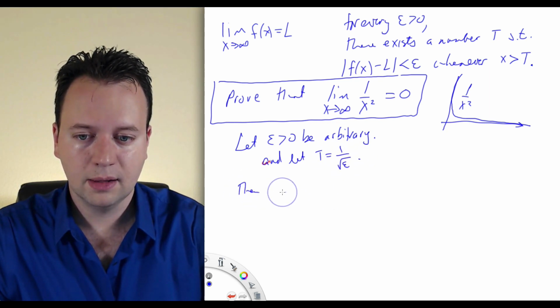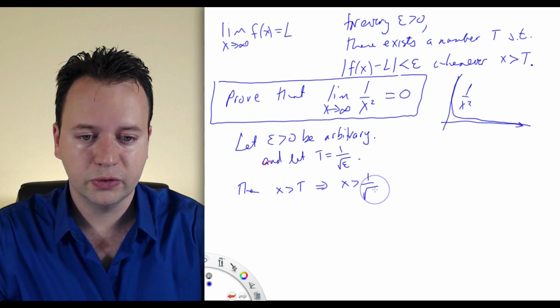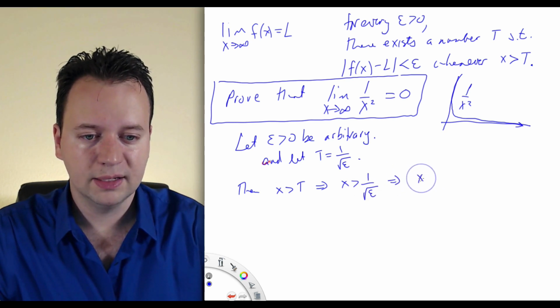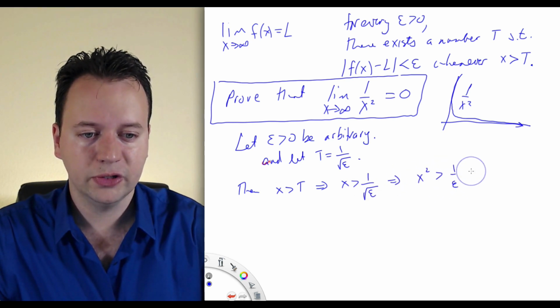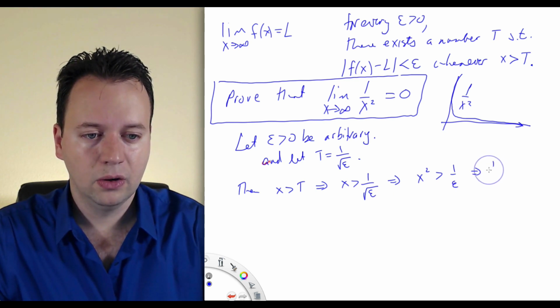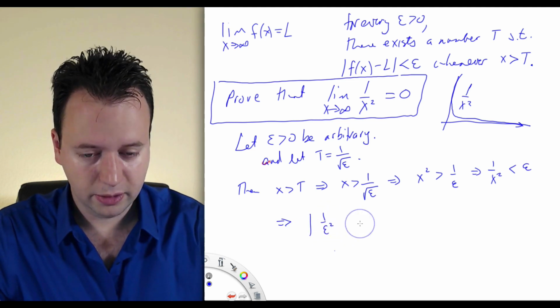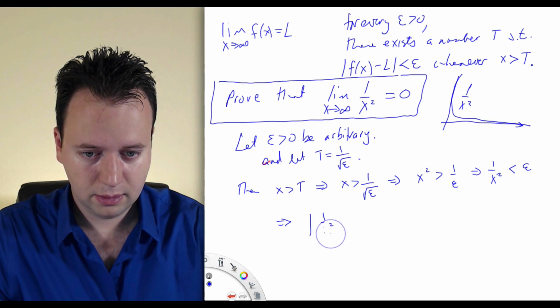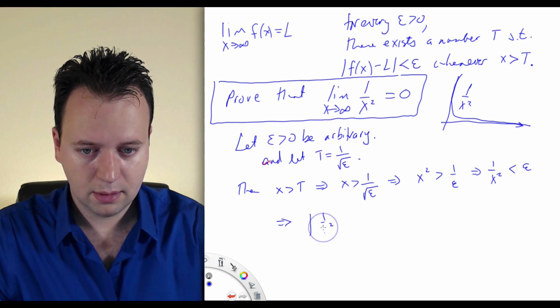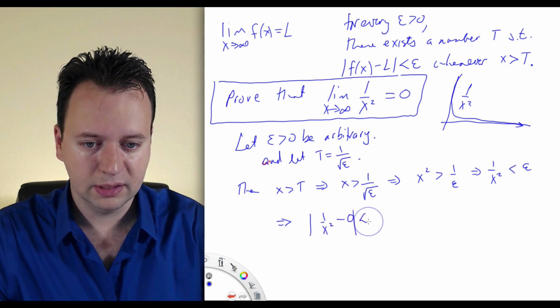Then x greater than t implies that x is greater than 1 over the square root of epsilon, which implies that x squared is greater than 1 over epsilon, which implies that 1 over x squared is less than epsilon, which implies that the absolute value of 1 over x squared minus 0 is less than epsilon.